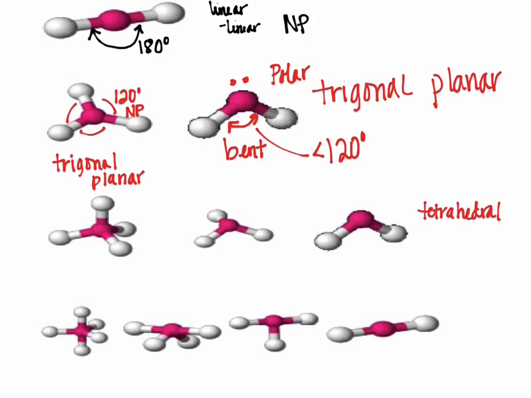The very first one is named after its family, and it is tetrahedral. Between each area, there is 109.5 degrees.